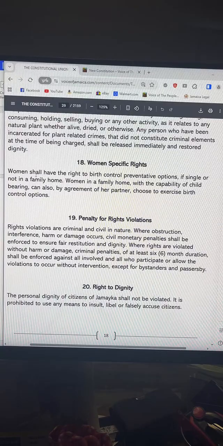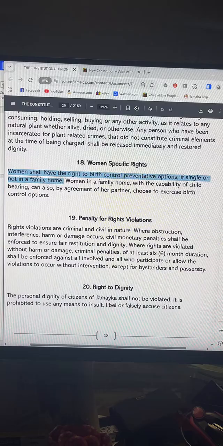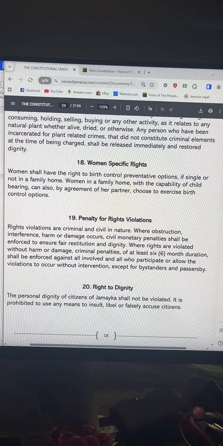Read that again, the woman-specific rights. Woman shall have the right to birth control preventative options if single or not in a family home. So they have absolute right to do whatever they want with birth control options if they don't have a family. Women in a family home with the capability of childbearing can also, by agreement of her partner, choose to exercise birth control options.